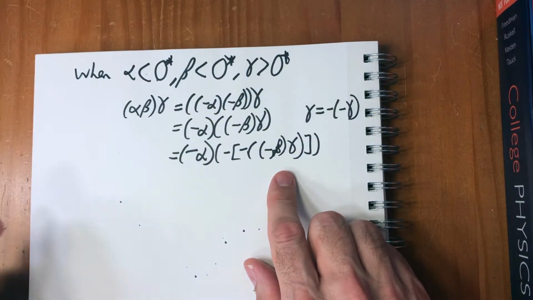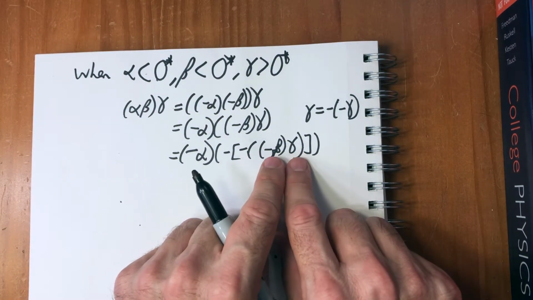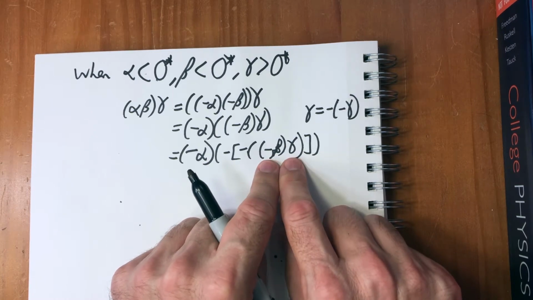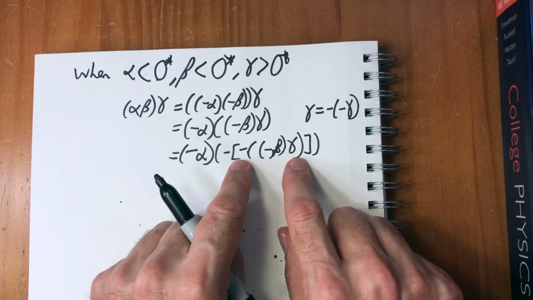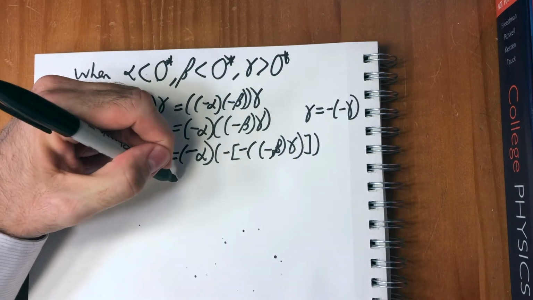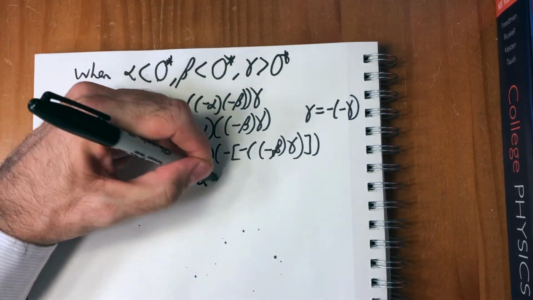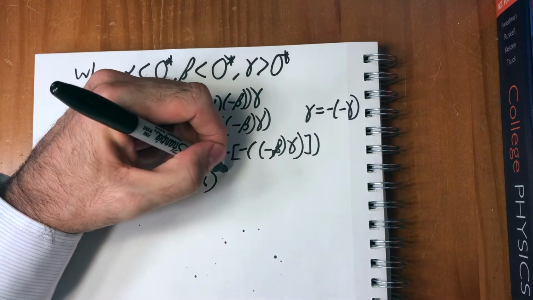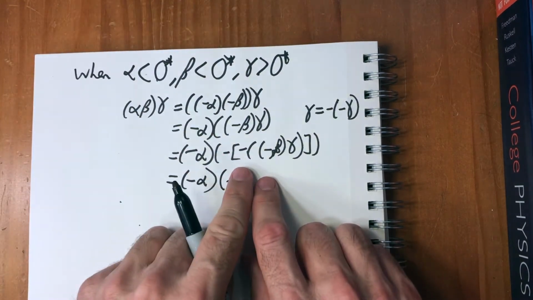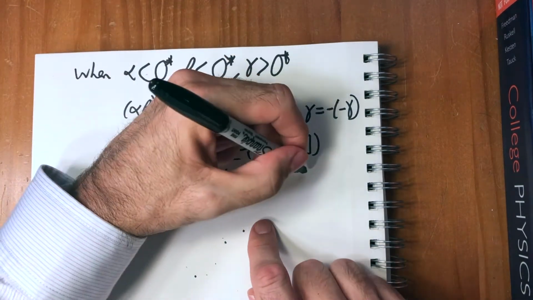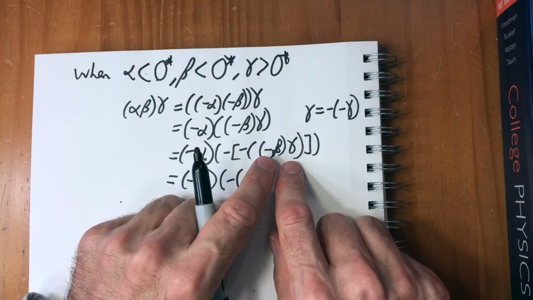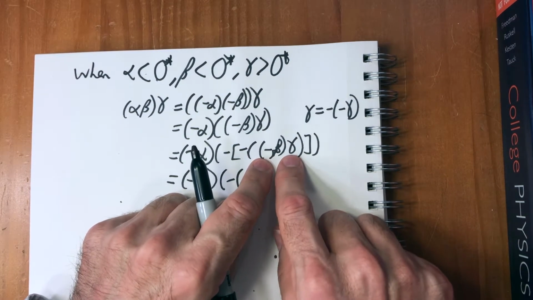Now, what did we accomplish here? This in here is the definition of a minus times a positive. So we can rewrite this using what this is defining. So we have that it equals minus alpha, and then we still have this one, but then what's inside here is minus the opposite of beta times gamma.